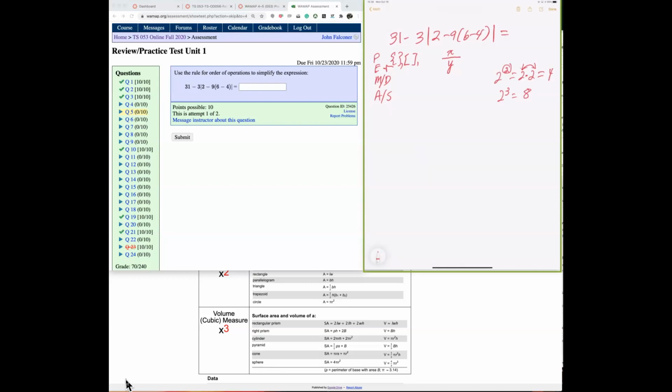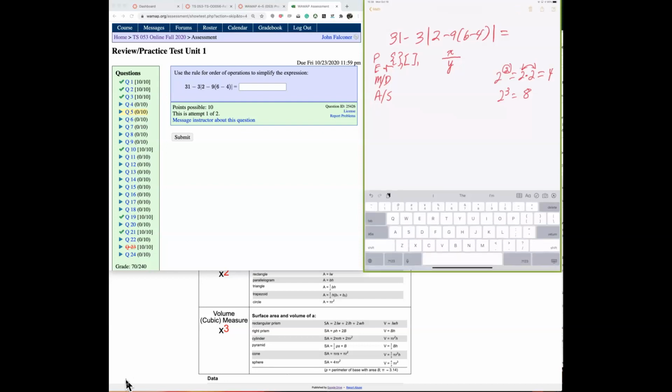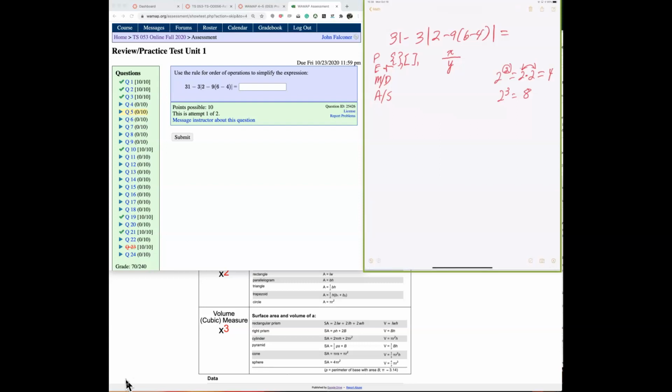And then multiplication or division, addition or subtraction. So we have to look at this and decide what operation goes first. Let's go through and count the operations, or at least mark them. We've got 31 minus, so there's a subtraction operation here. What happened to my pencil? Oh, there it is. Subtraction operation, and there's a multiplication, unwritten multiplication, right?